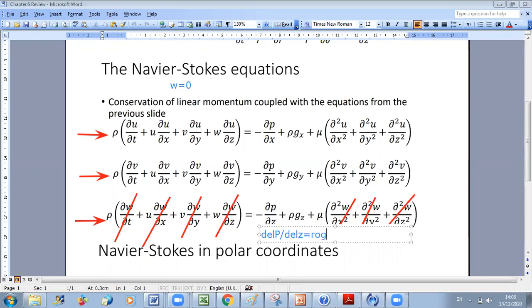And here, if we are in the case of z in the vertical direction, gz is equal to minus g. So it will give me minus rho g. So this is the relation along the z direction.